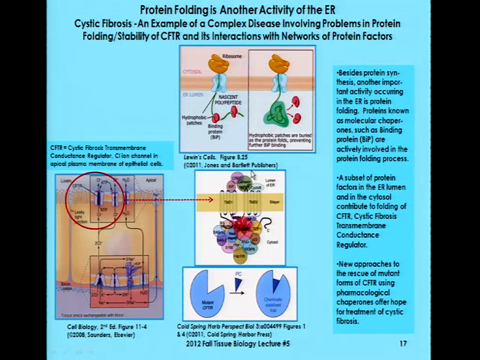Now, there have been attempts to assist the mutant forms of the CFTR protein with pharmacological chaperones to chemically stabilize the fold and promote the insertion of the membrane protein into the cell surface. So this offers hope for treatment of cystic fibrosis.